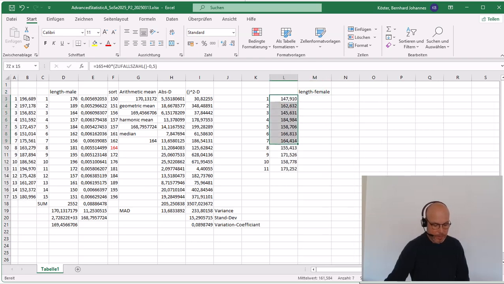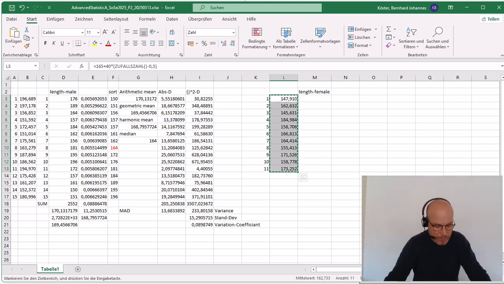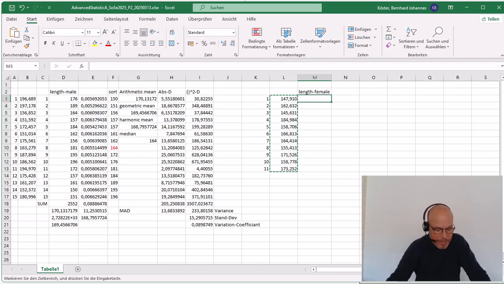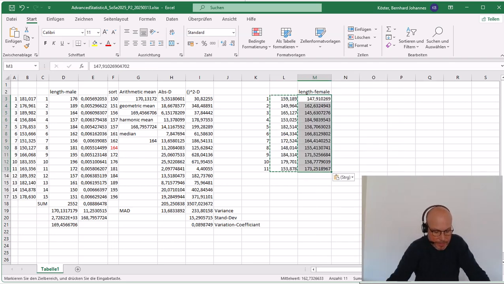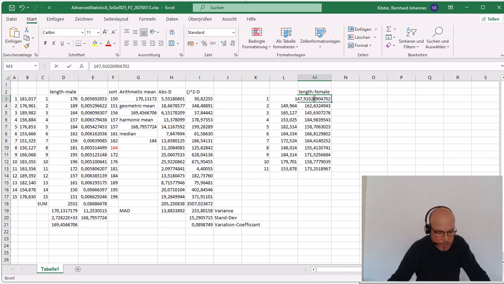So you see, always pressing enter means generating new data, but we want to fix it now with this data set. So let's go also there in order to format this a little bit.